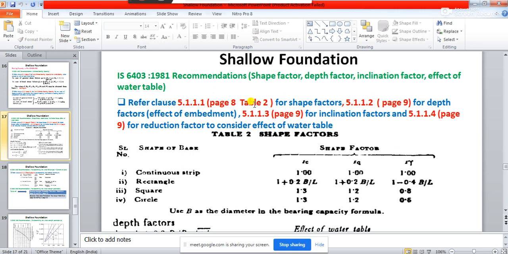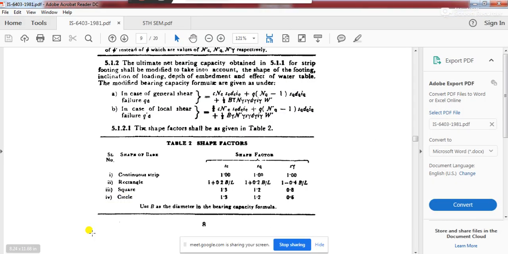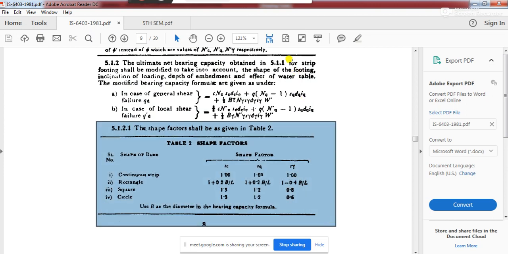For shape factors, in table number 1 the bearing capacity factor values are given. In table number 2 you will get the values of the shape factors. So let us see. This is table number 2, and all of you can see it.